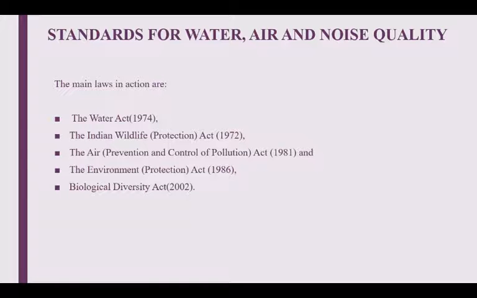The entire laws are controlled by the Pollution Board of India. In the case of air pollution, water and noise, the entire control board is the Central Board of Pollution.